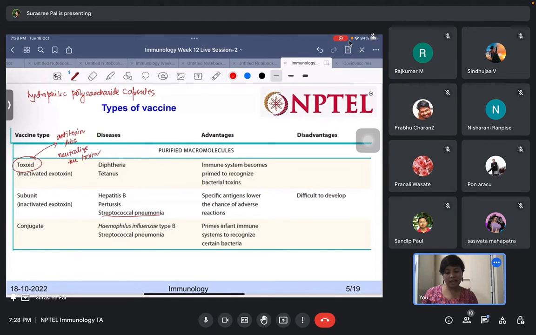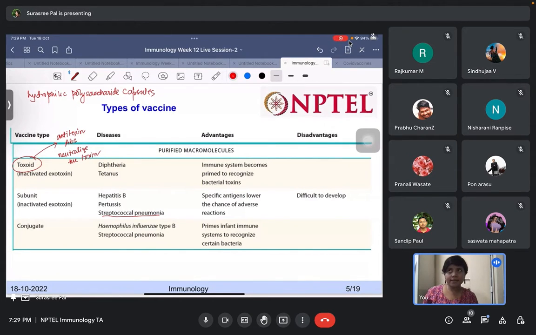This pneumonia vaccine that is currently in use for Streptococcus pneumoniae contains 13 distinct capsular polysaccharides of Streptococcus pneumoniae, right? These are combined, and this vaccine induces formation of opsonizing antibodies that can opsonize this particular organism.